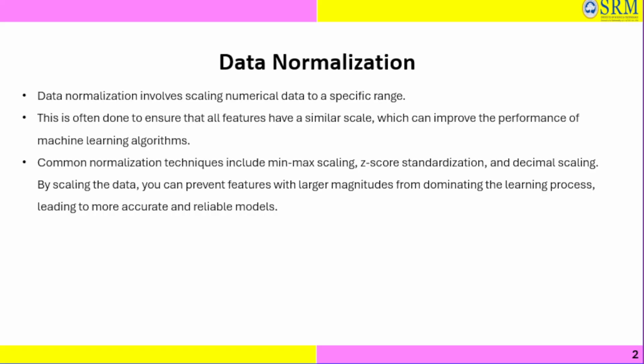Whenever I want to compare the data, I need to normalize it. Common normalization techniques include min-max scaling, Z-score standardization, and decimal scaling. By scaling the data, you can prevent features with larger magnitudes from dominating the learning process, leading to more accurate and reliable models.